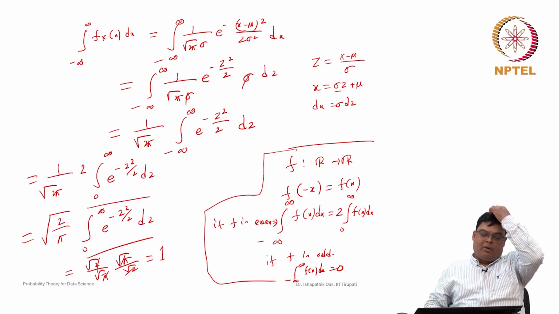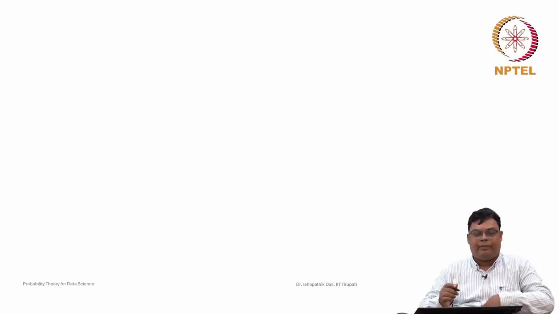Now, we will find out what will be the mean and variance of the random variable. Some of the results we can see here. Suppose x is a normally distributed random variable with mean mu and variance sigma square.